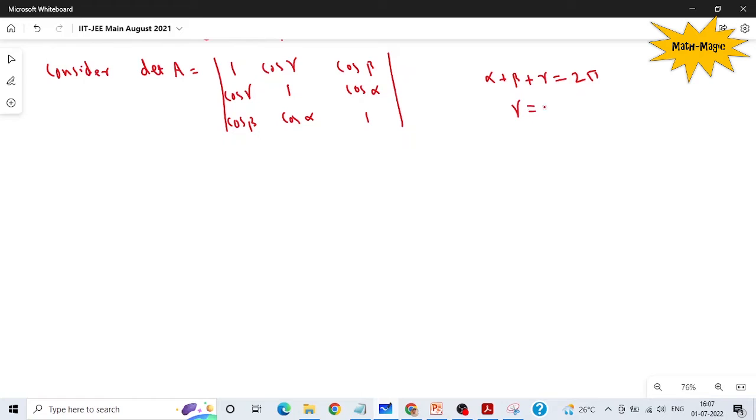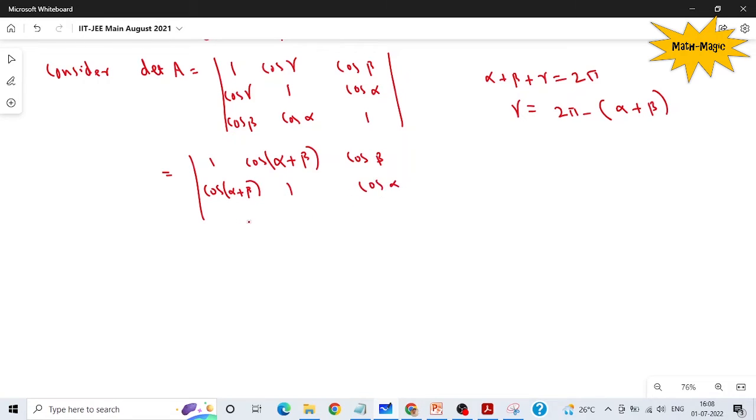We can get the value of gamma, which is 2 pi minus (alpha plus beta). Let's substitute this relation here, so we are going to have only two parameters, alpha and beta. So we have 1, cos of (360 minus theta), and cos of (360 minus theta) is cos theta. So it's cos of (alpha plus beta), then cos beta; then here again cos of (alpha plus beta), then 1, then cos alpha; then cos beta, cos alpha, 1.